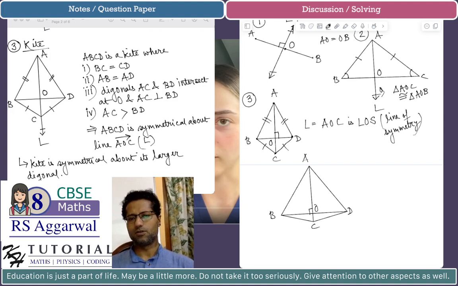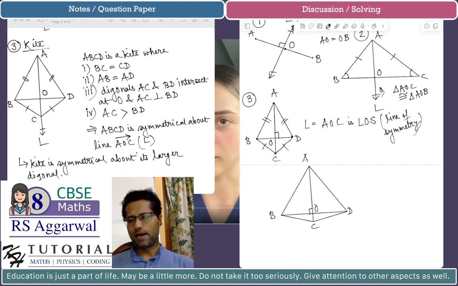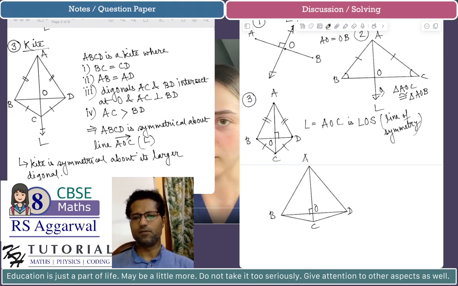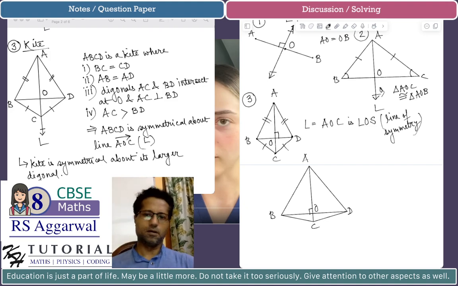From the figure, you can easily figure out about which diagonal the kite will be symmetrical. But a mathematical reasoning is needed, which I cannot figure out right now. I will think about it and talk about that in some later videos. I'm sorry, I cannot give the proper reasoning why.